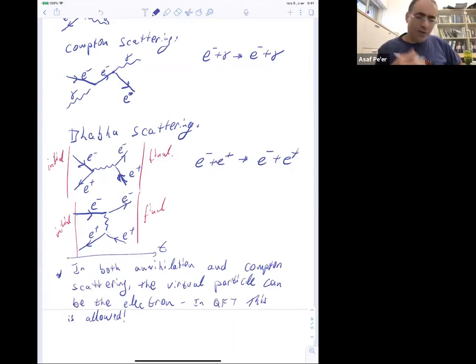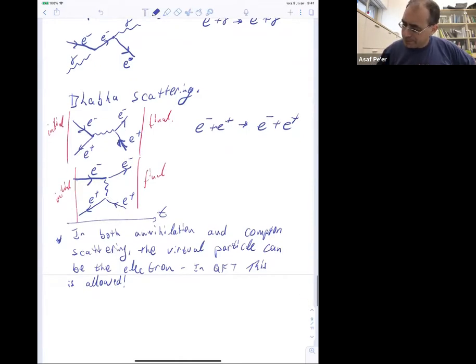So going back to what we said, I don't know when you stopped hearing me. What I said is that when we calculate the probability of this Bhabha scattering to occur, we must, of course, sum over both possibilities.